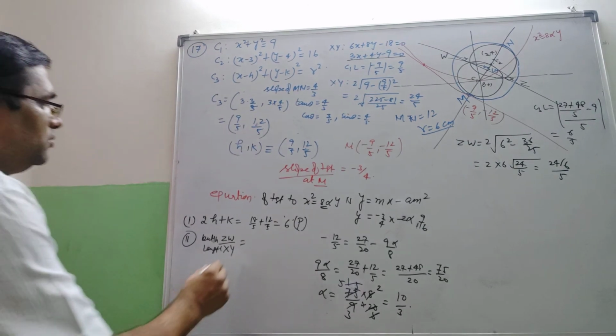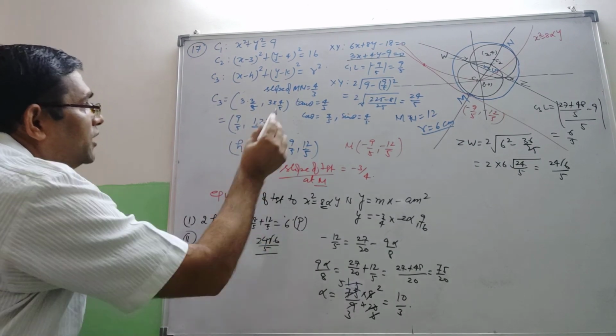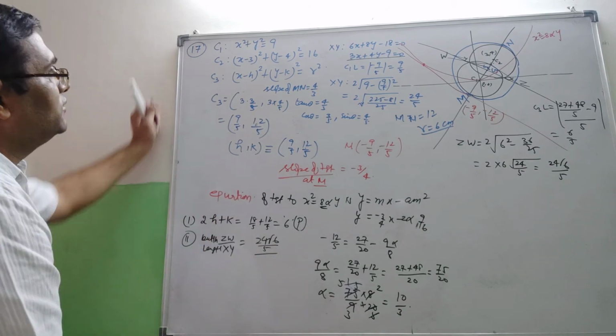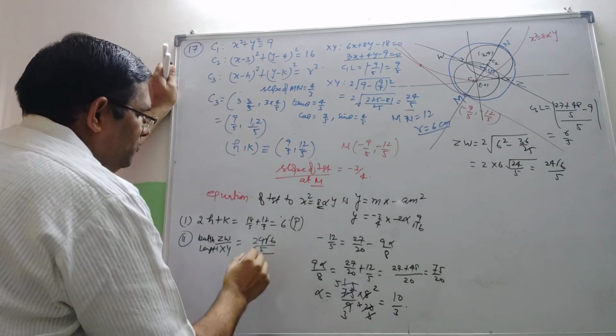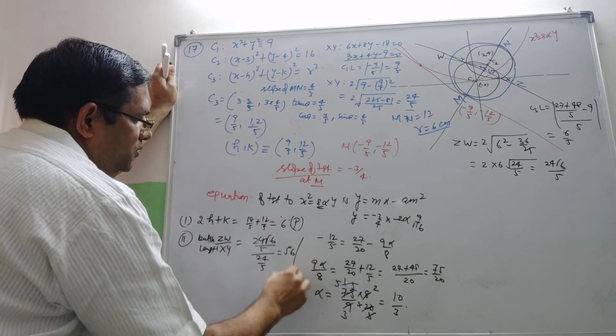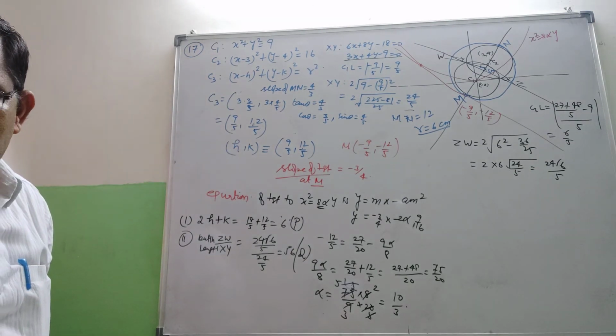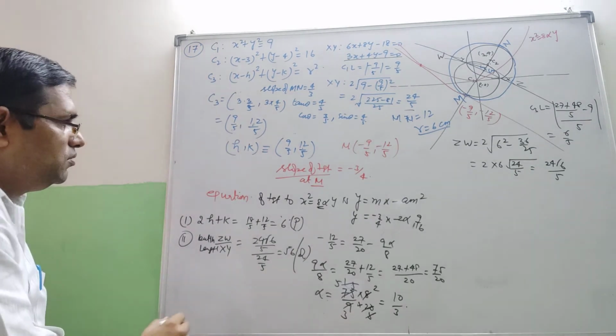ZW is equal to 24 root 6 by 5, divided by XY. The length of XY we have written as 24 by 5, so the ratio is root 6. It is in option Q.